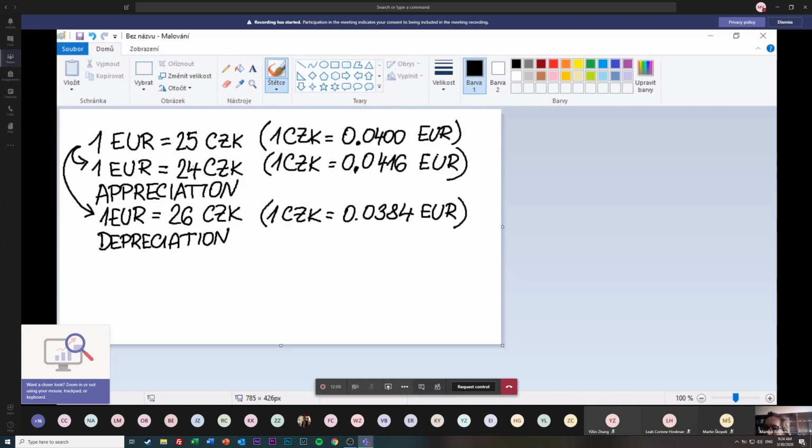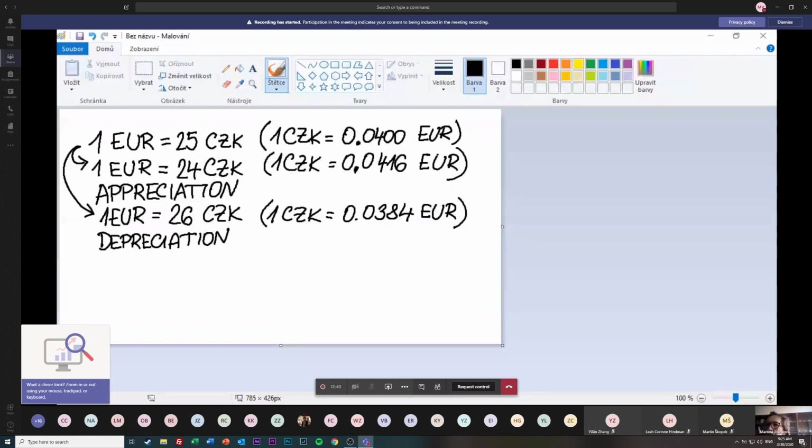If the demand for the Czech crown is increasing, or for the domestic currency, for me it's the Czech crown, the price of the Czech crown is increasing.